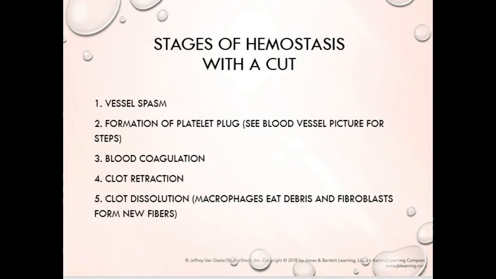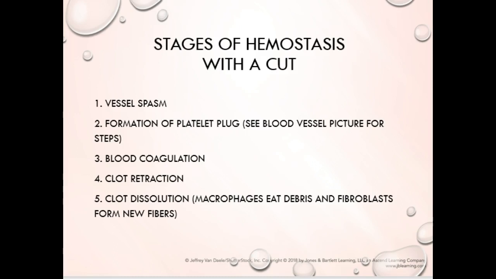Once the platelet plug forms, you'll actually have more coagulation. Well, you'll have platelets and red blood cells join onto that platelet plug to form more of a clot in that area. That clot will retract, bringing the healthy tissue closer together, and then it will start to heal, and the clot will start to break down, and new tissue will reform in that area.